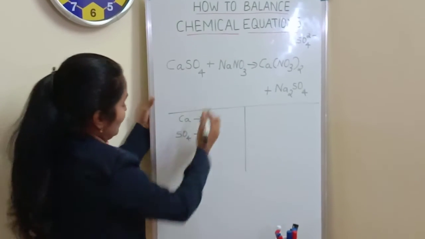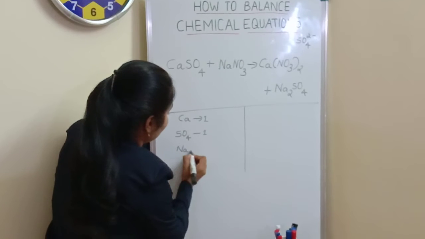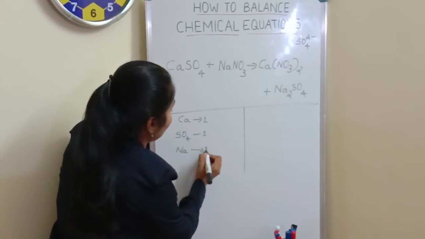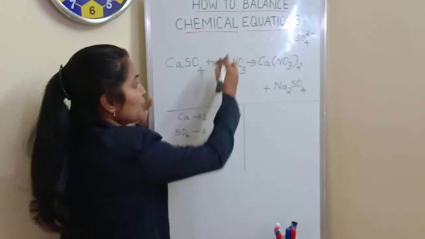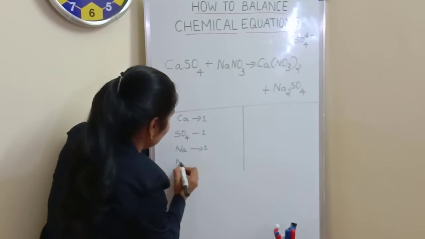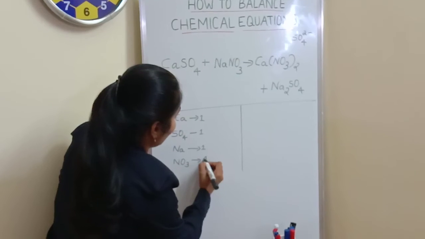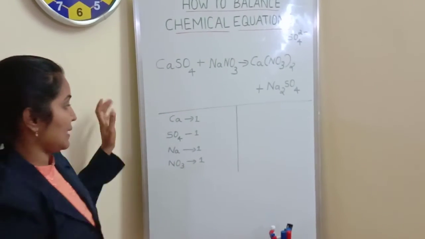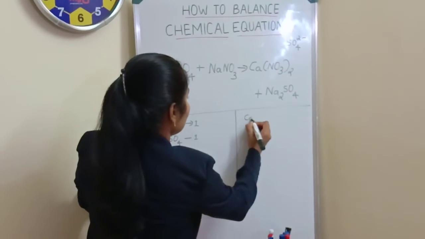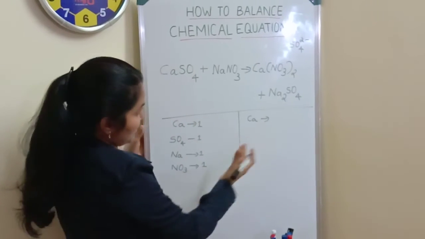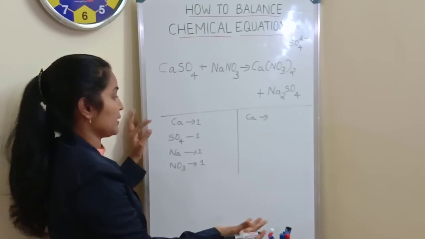Now sodium we have Na, that's only 1. And NO3 also should be considered as a single entity. NO3 also only 1 here. In the product side we have Ca, same type of atoms will be present in the product side also.